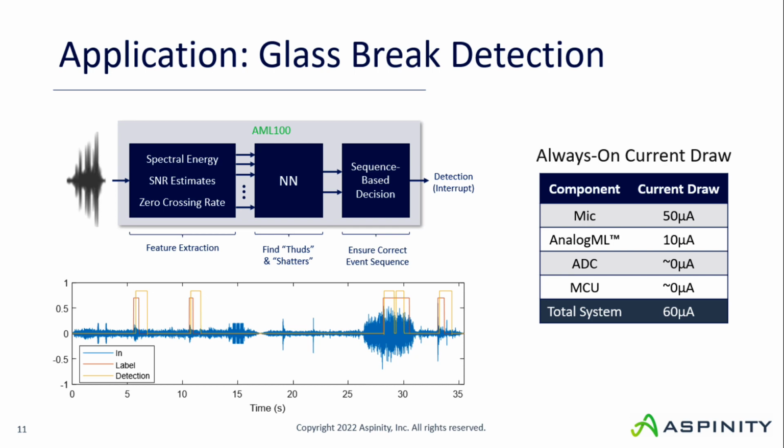So for instance, the onset of a window break has a thud of something hitting it, and then the latter parts of the sound will have the more typical shattering sound. And so you can train for each of those parts as different classes, and then use some of that mixed signal and logic capabilities that we talked about to ensure that the right sequence of events happens. And so you can build all this, and it consumes only 60 microamps of current to do all this in the analog domain.